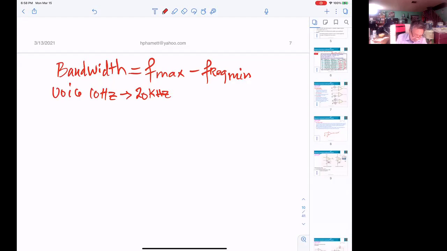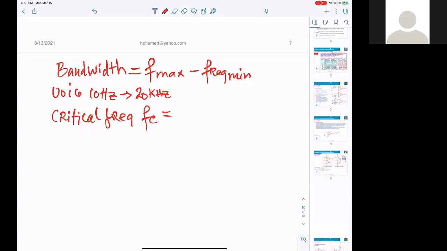And then we already know what the critical frequency is. You know what critical frequency is? FC equals top. It's where the response is reduced by 3 dB or 1/2.